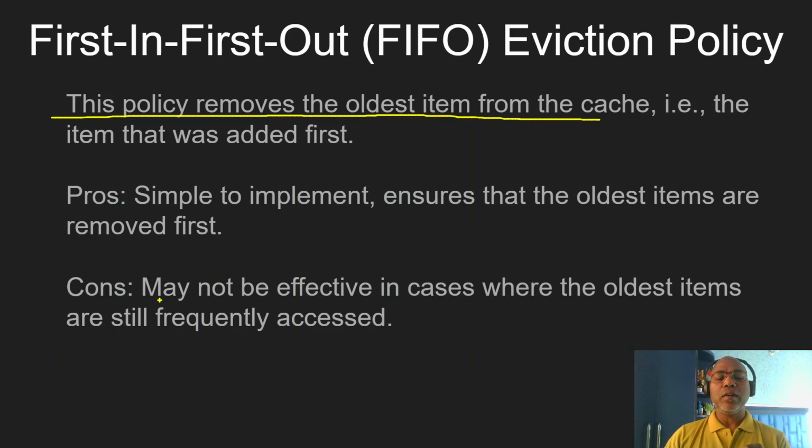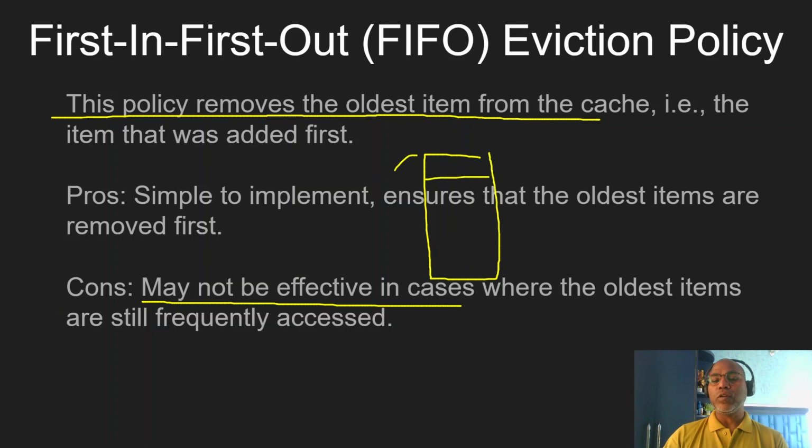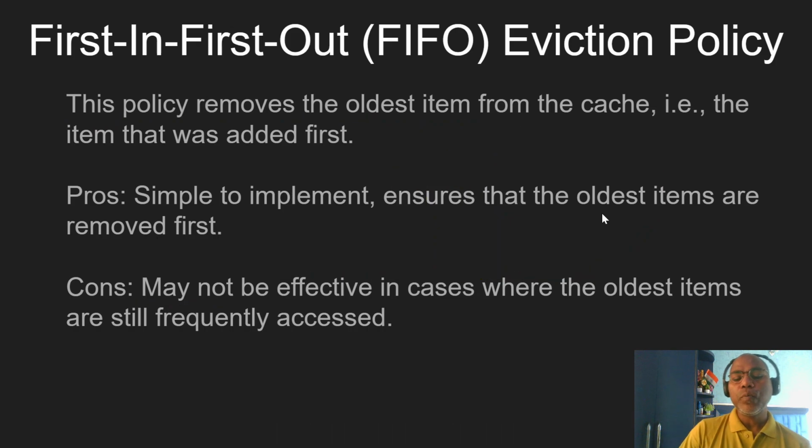But this may not be effective if the oldest items are frequently accessed. You remove the oldest item, and then the next request comes for the same item, so you have to add it again. If the first data is frequently used, this does not become a very effective algorithm.